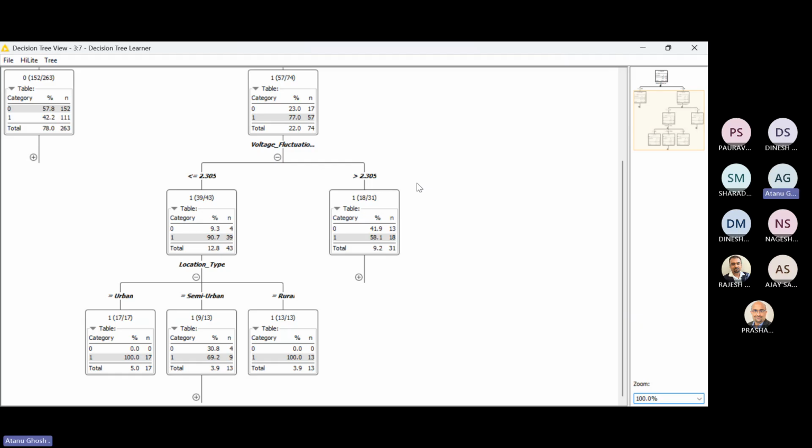So none of these things need to be manually calculated. Only the concept needs to be understood, because manually, how many times will you calculate? These AutoML packages will do this and give you the final decision tree that has already balanced the bias and variance. You don't have to worry about it.